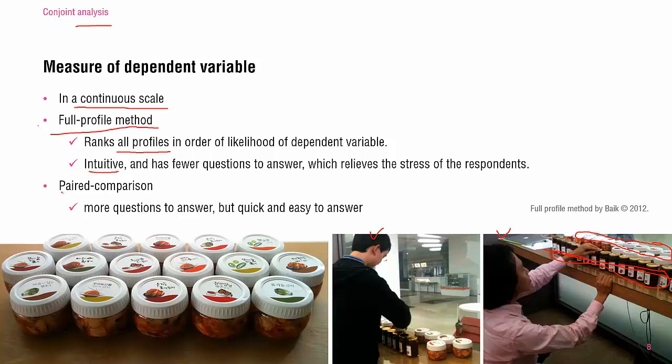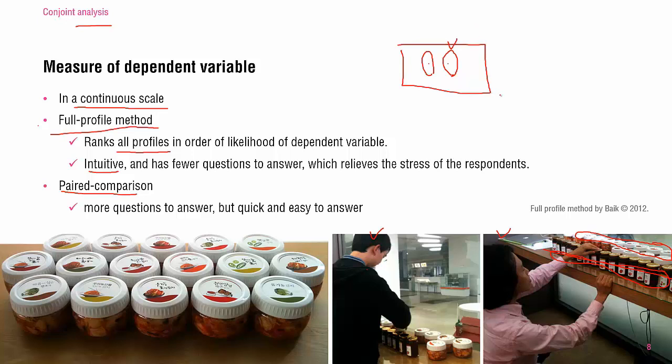Or you can adopt paired comparison. So on one page, you provide a pair of stimuli, a pair of 2 jam bottles, and let people select one of them on the criterion of more organic feeling.